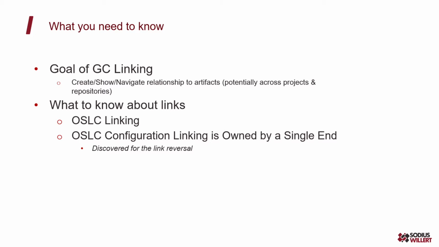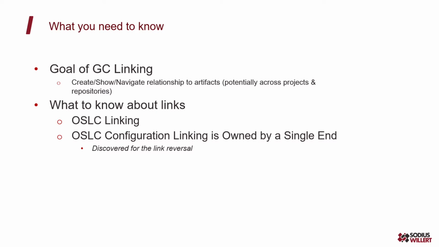As we create links from Jira to DOORS Next, or even when I create a link from DOORS Next to Jira, there's only going to be one repository that holds the link, and the other repository will perform a discovery or a query to identify what incoming links might be referring to that artifact in that configuration.